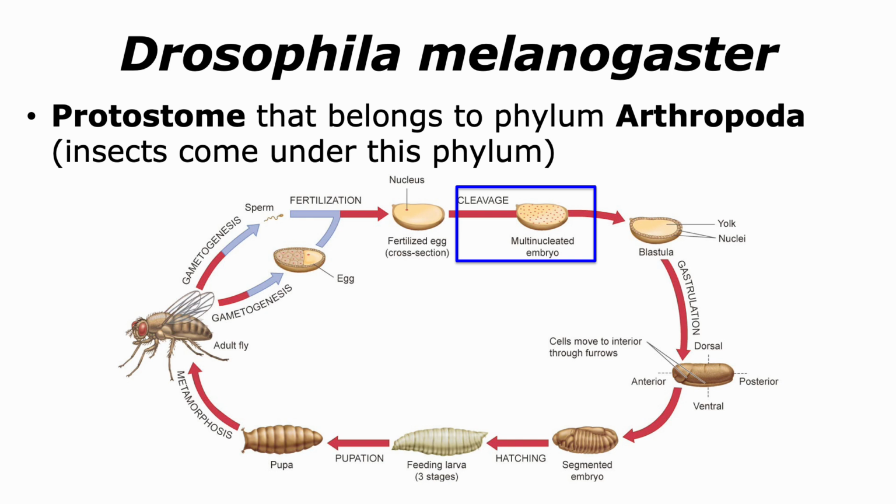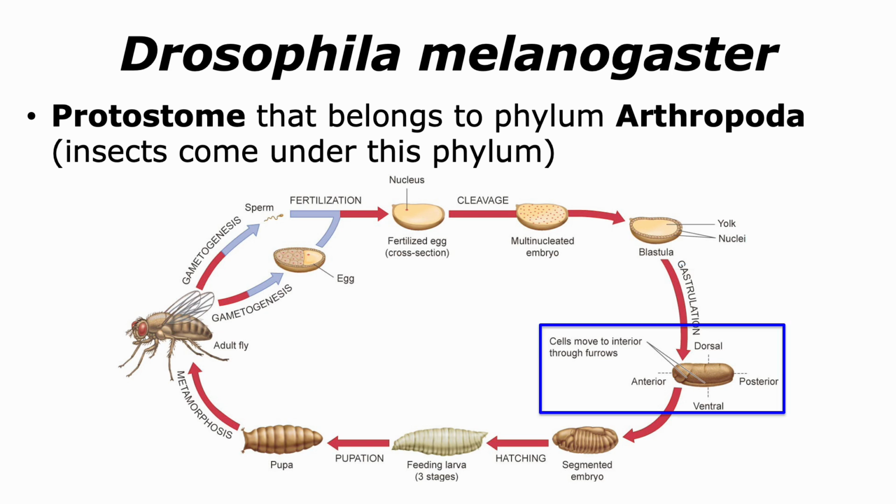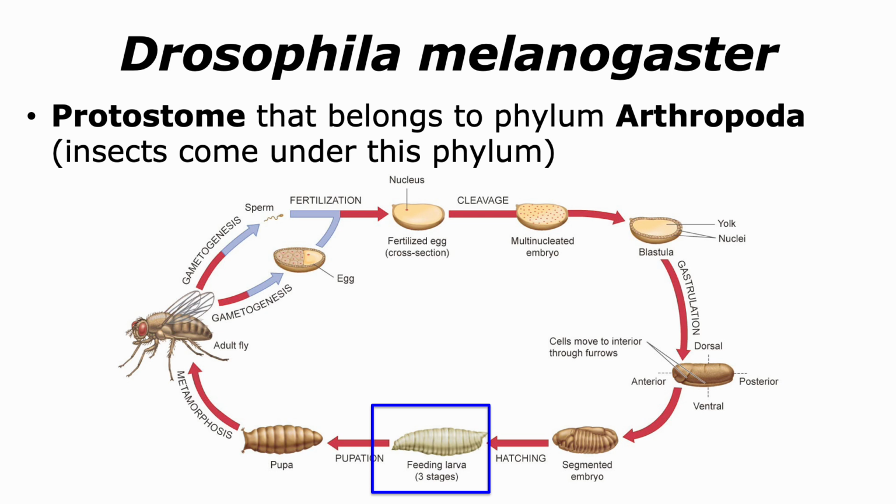Once the multinucleated embryo is formed, a process of cellularization occurs to form the blastula. During the process of gastrulation, cell movements will occur, and we end up with a segmented embryo that will hatch from the egg to form a larva. The larva then forms a pupa, which can then undergo metamorphosis to form the adult fly.